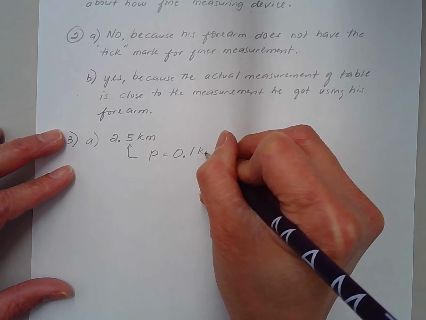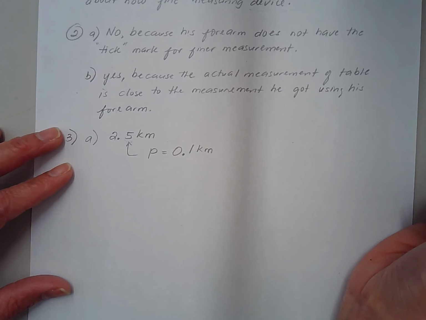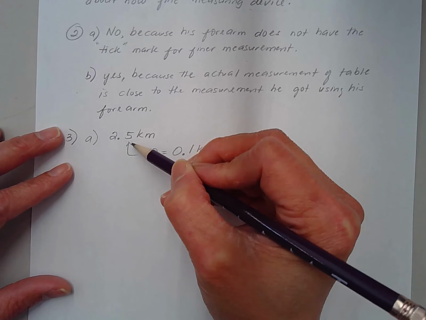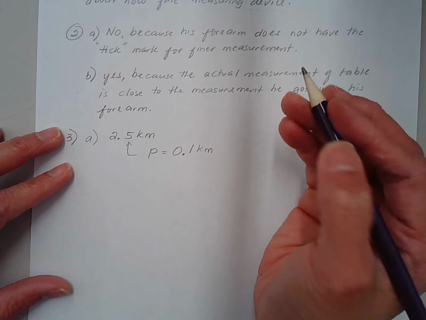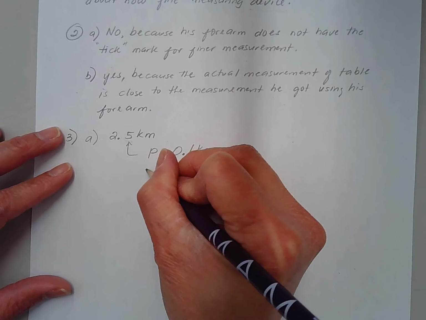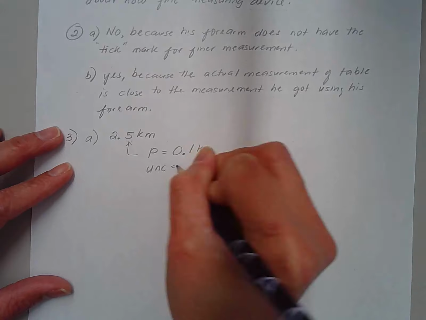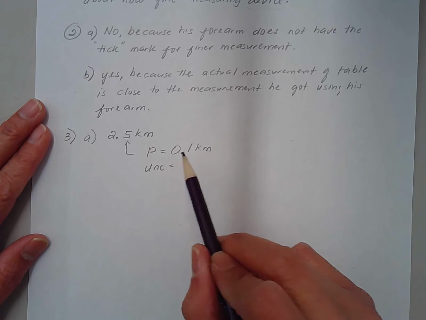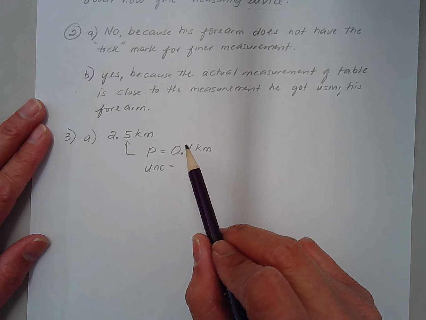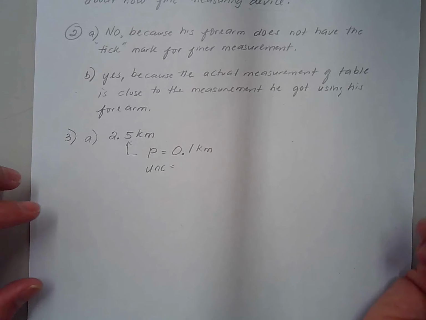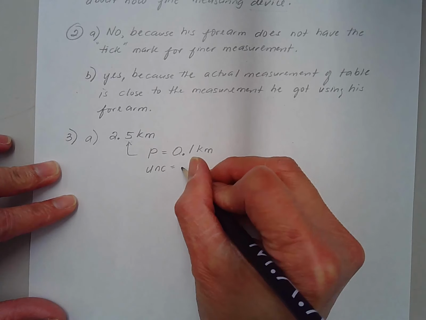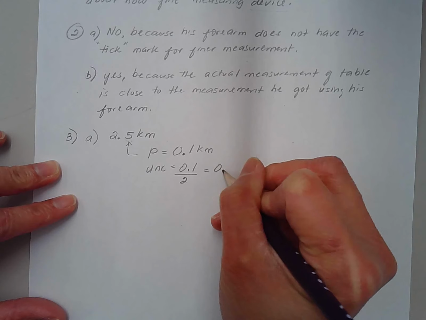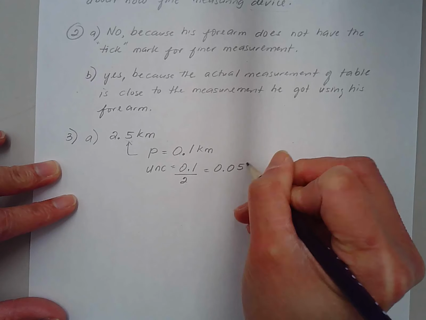So the precision is 0.1 kilometers. Okay, so that's the finest one. The smallest measurement is the 0.1. And then the uncertainty: now that we have the precision, we can figure out the uncertainty, and uncertainty is half of the precision. So it's going to be 0.1 divided by 2, which is 0.05 kilometers.